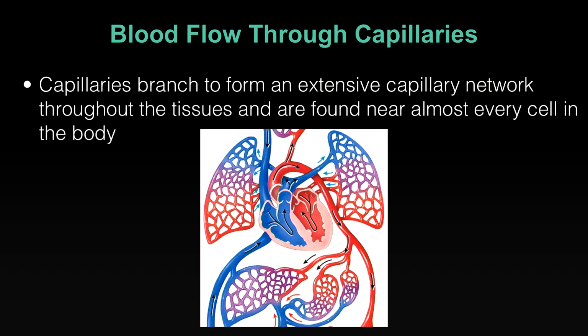Largest surface area possible. Why? Why the largest surface area possible? It's simply because that gives it greater opportunity to exchange substances. More surface area, there are more places where substances can cross.